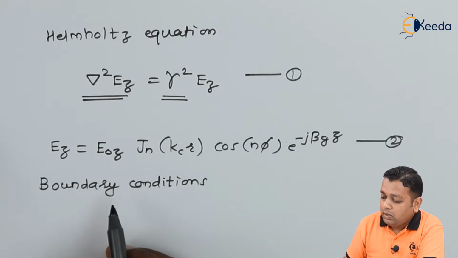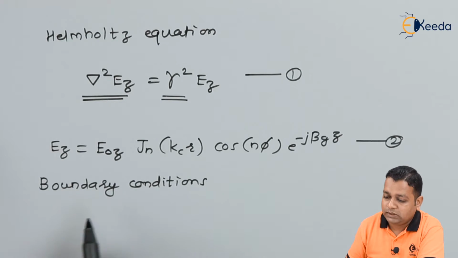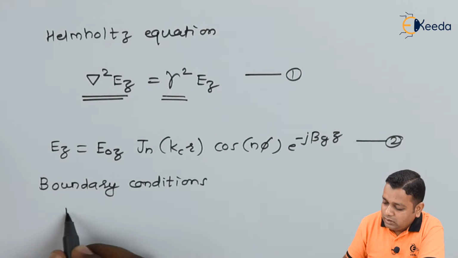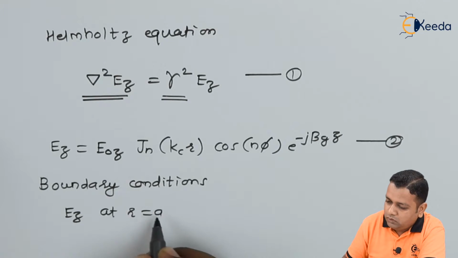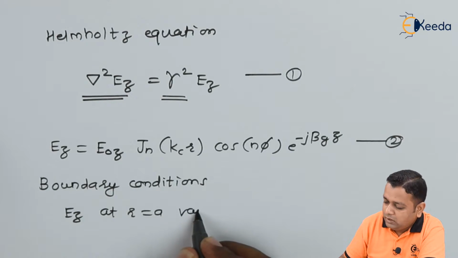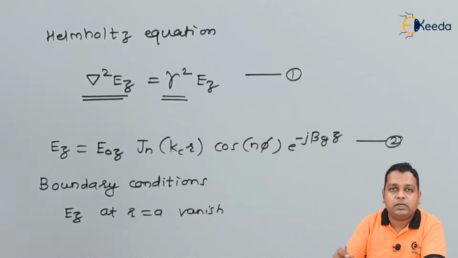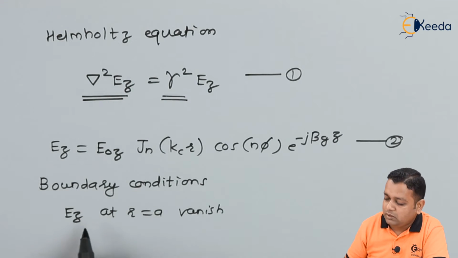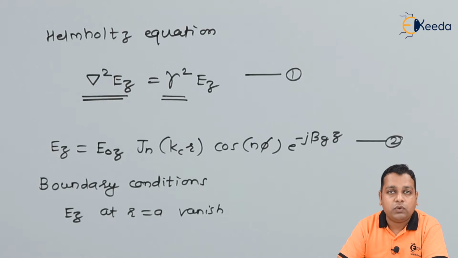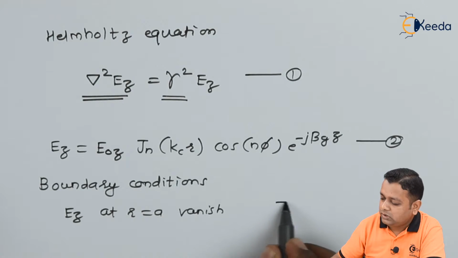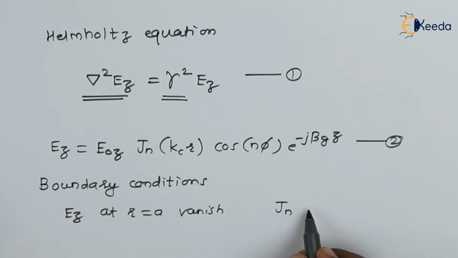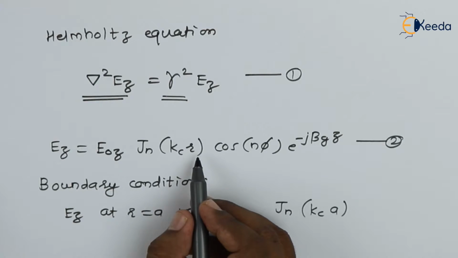Now for the application of the boundary condition, we can consider that the Ez component at r equal to a will vanish. Ez is the component along the axis, the direction of progress of the microwave inside. This is a very obvious condition, but it gives us the function J suffix n of Kc into a, replacing small r.